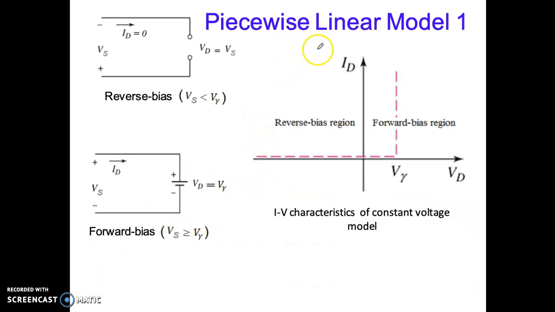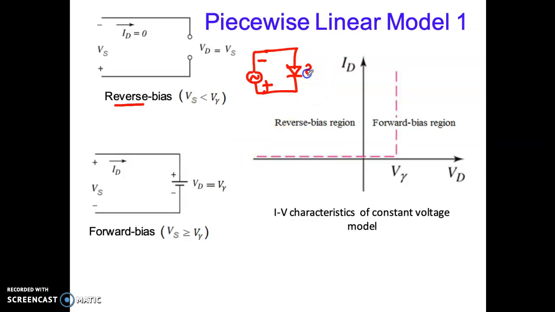Okay, so let's see the second model, piecewise linear model 1. There are two conditions. Your original circuit is like this: here is your diode and here is your input, which can be either plus minus or minus plus. What will happen during reverse bias? You start here with minus and plus.